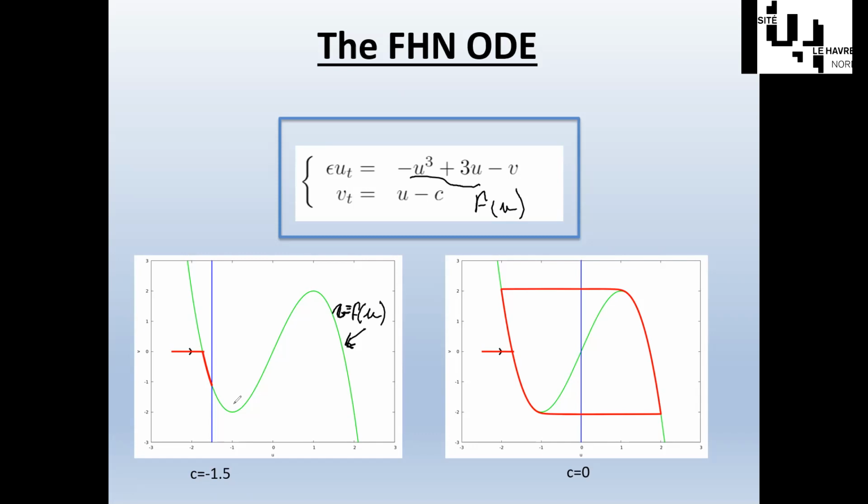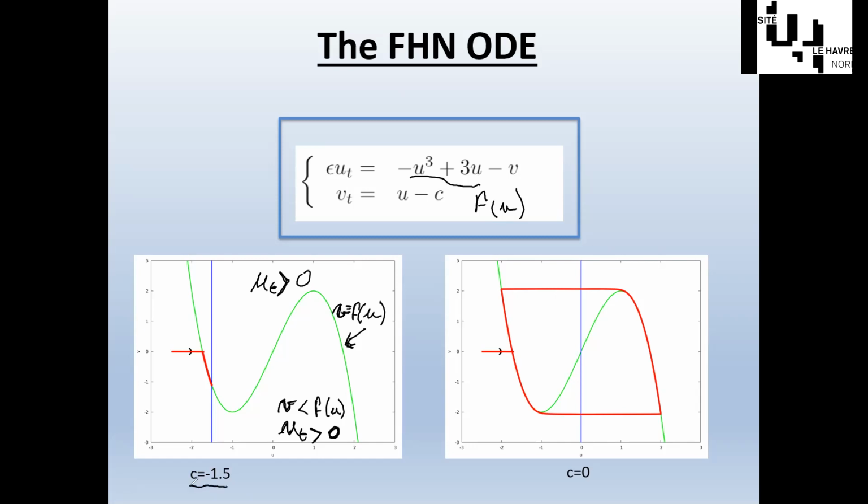And here, v is less than f of u, which means that u_t is positive, right? So u_t is positive when I am below the green curve. When I am above, the derivative of u is negative.